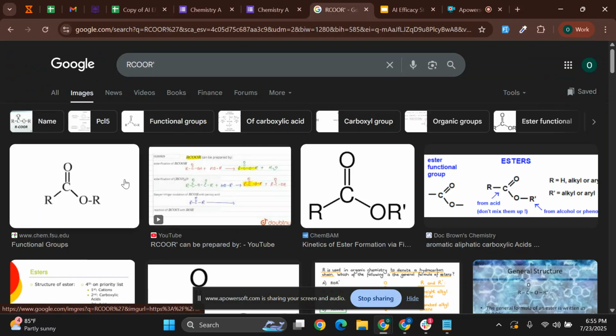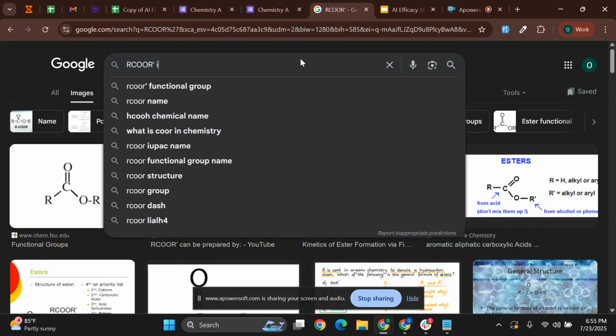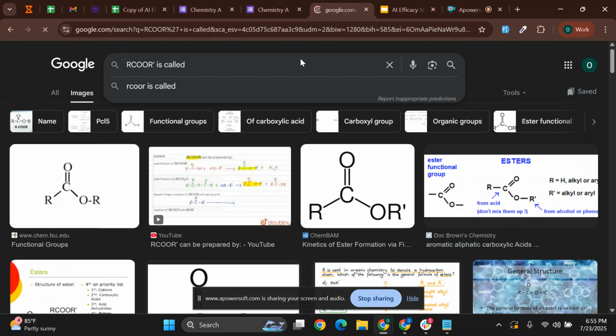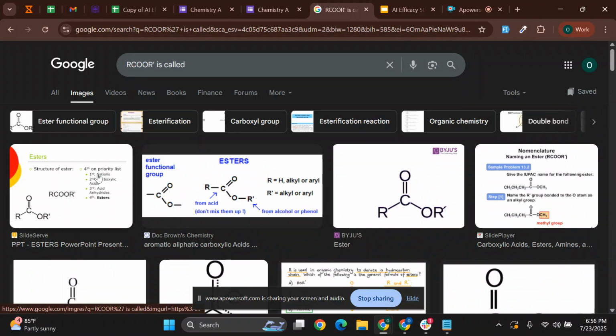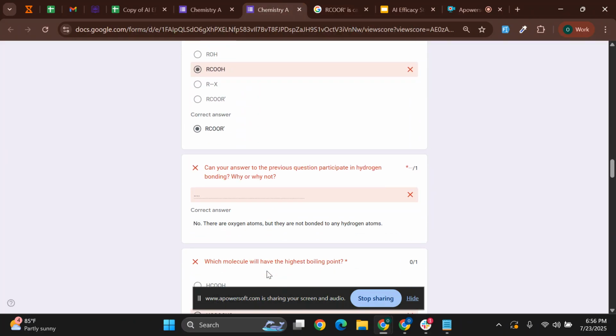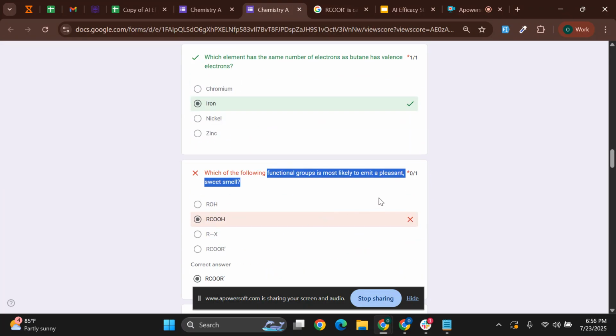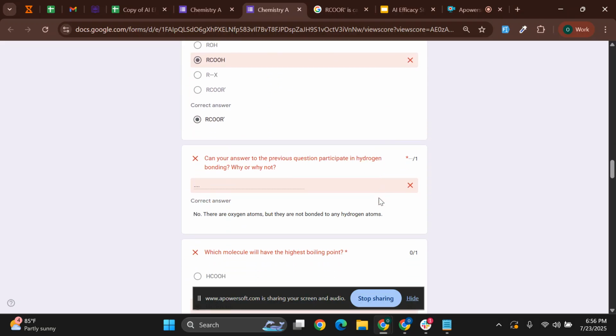This is called esters. So structure of ester. This is ester. So ester has a pleasant sweet smell. Okay, can you answer the previous question? No, there are oxygen atoms, but they are not bonded to any hydrogen.